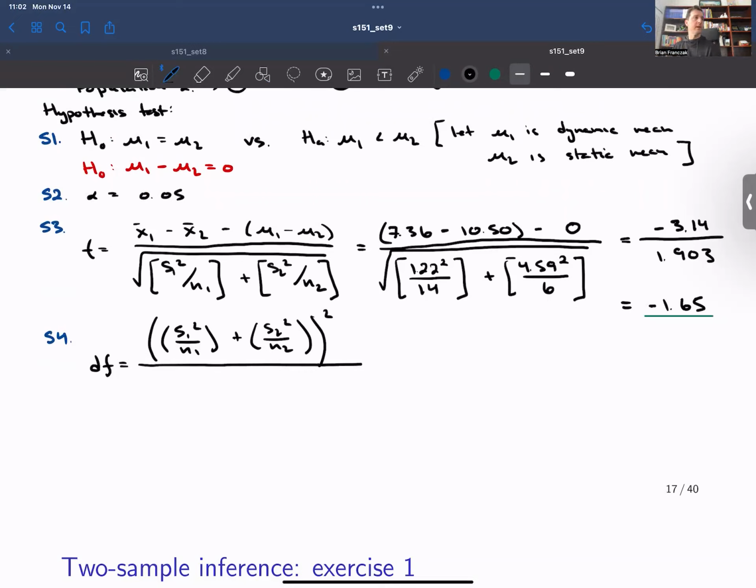Okay, and this is going to be divided by 1 over N1 minus 1, times (S1 squared over N1) all squared, plus 1 over N2 minus 1, times (S2 squared over N2) all squared.